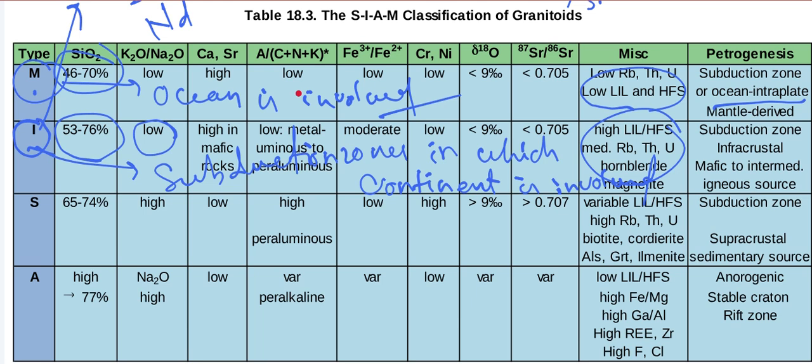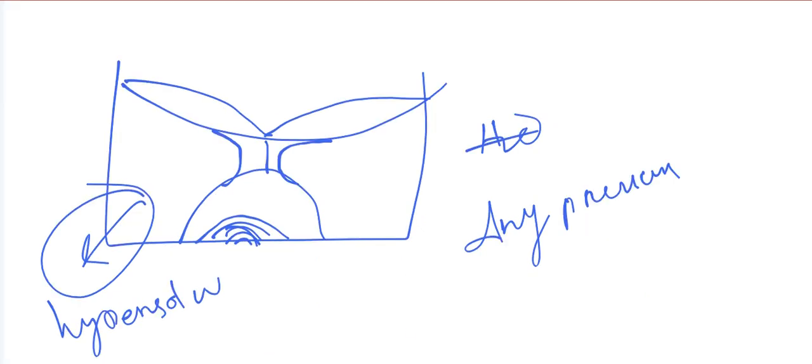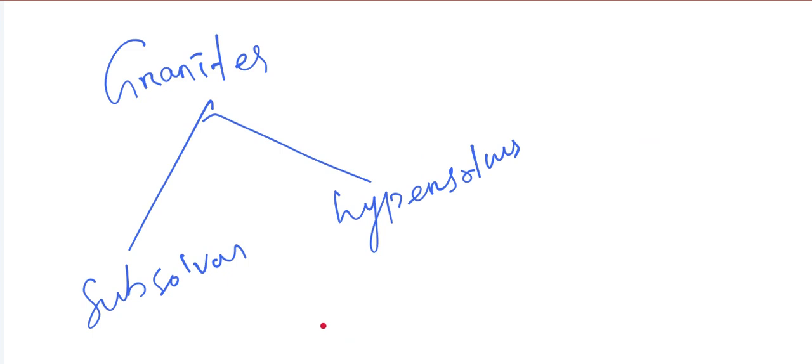Now if we go to the S type, that is sedimentary type. So granite can be sedimentary, no? This sedimentary type of granite is generated in subduction zones.